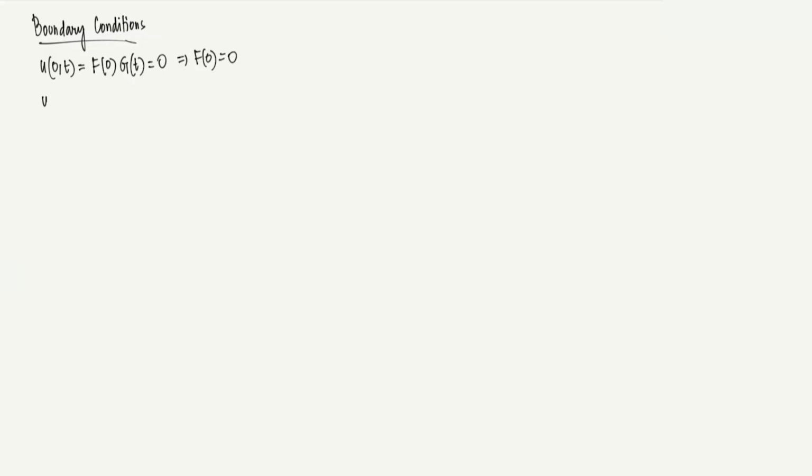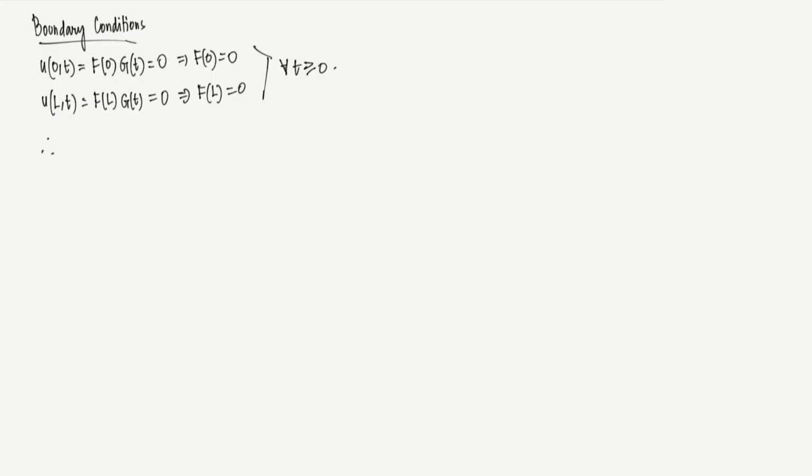Now u of (L, t) equals f of capital L times g of t, which equals 0. So this implies that capital F of L is going to be 0. Clear? This holds for all t greater than or equal to 0.